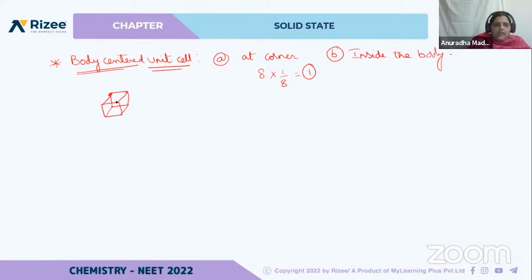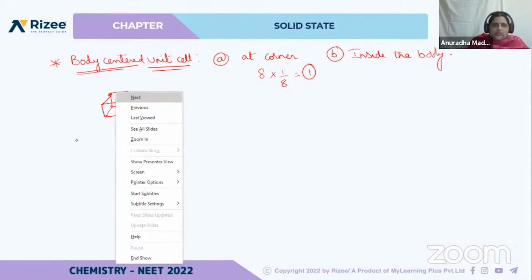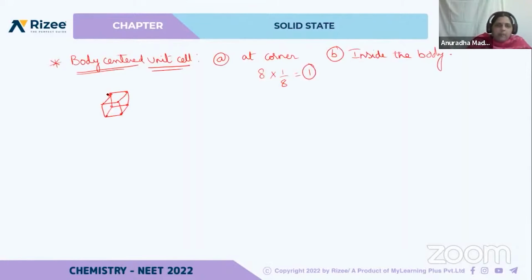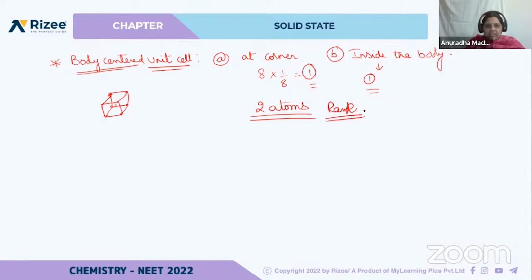So corners 8, and we are dropping one atom into the body. Completely it goes into that box. So inside the body, 1. So the total is 2 atoms. This is also known as rank. This is about the body-centered unit cell.